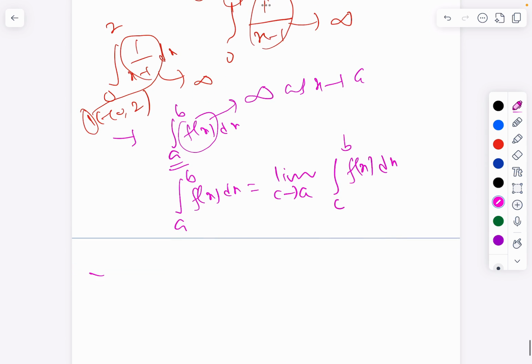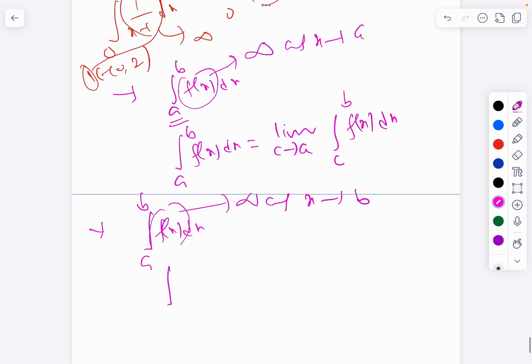Same way, if f(x) tends to infinity as x tends to b, then integration a to b f(x) dx is equal to limit c tends to b of integration from a to c f(x) dx.